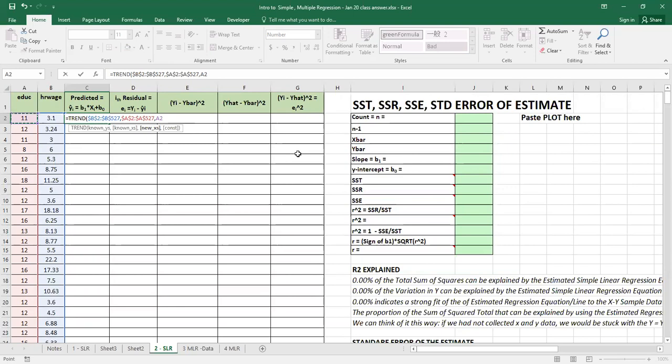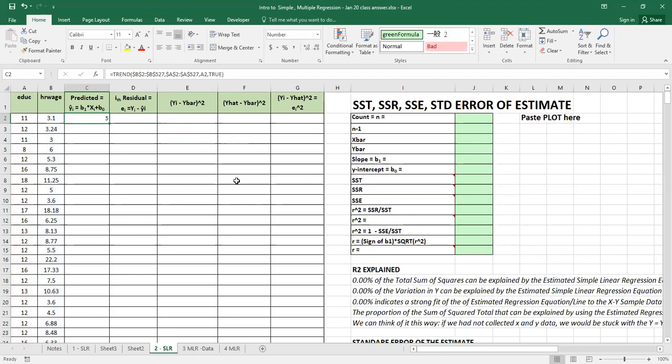Constant, what about this? Are we going to set the intercept equal to 1? No, we want the intercept to be computed normally. So we put TRUE here, guys, because we want the intercept, the b-naught, to be computed normally, not made equal to 1. Okay, so Control Enter. So this is now our predicted value.